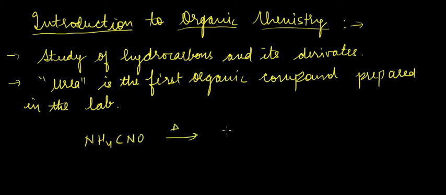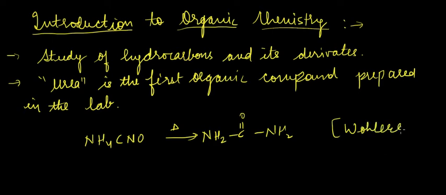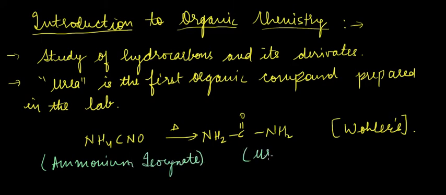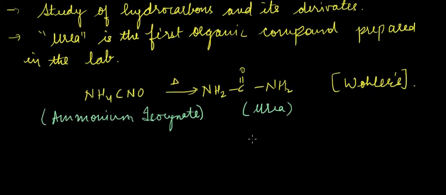So this is ammonium isocyanate. On heating, ammonium isocyanate got converted into urea. So all credit goes to Wöhler. He did this experiment, because of whom we are studying a separate branch of chemistry known as organic chemistry. Okay, so this is ammonium isocyanate, and this is urea.